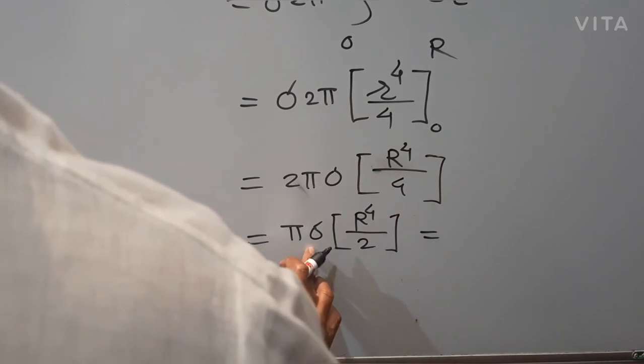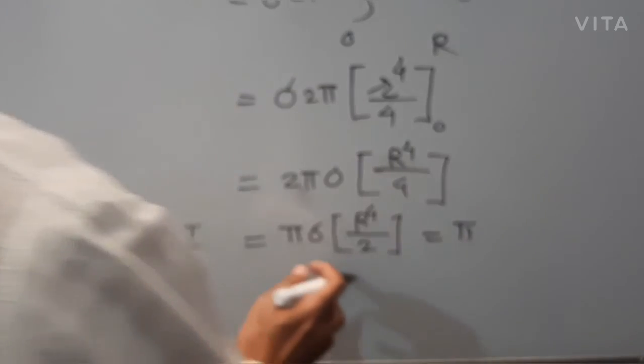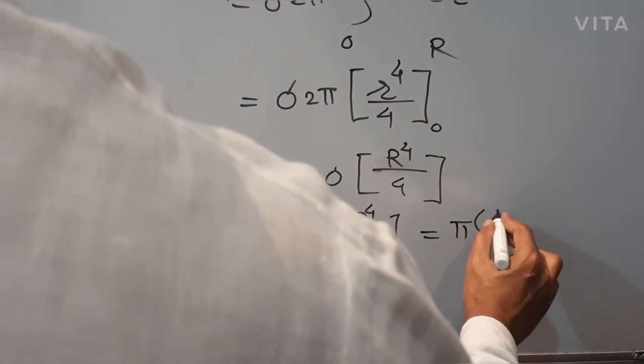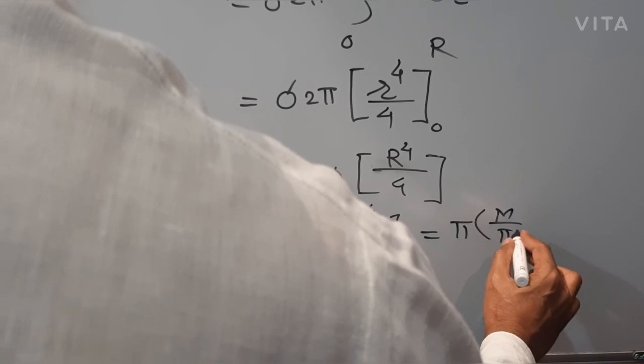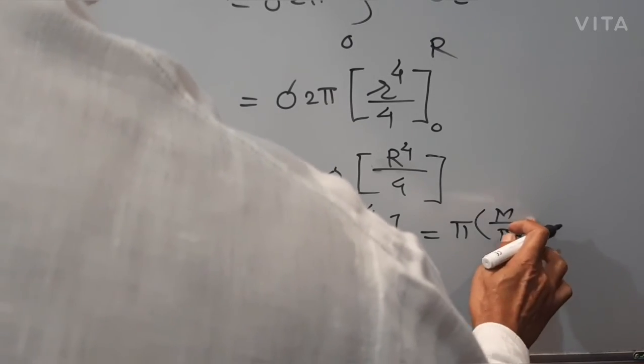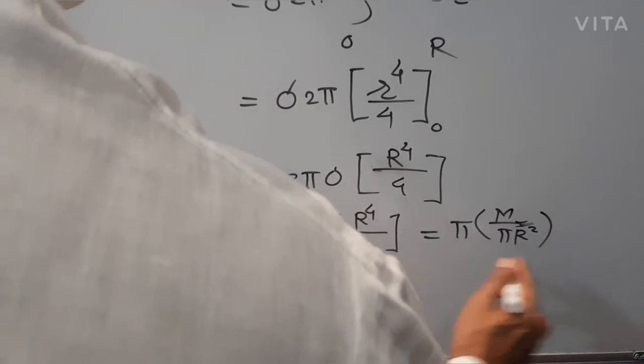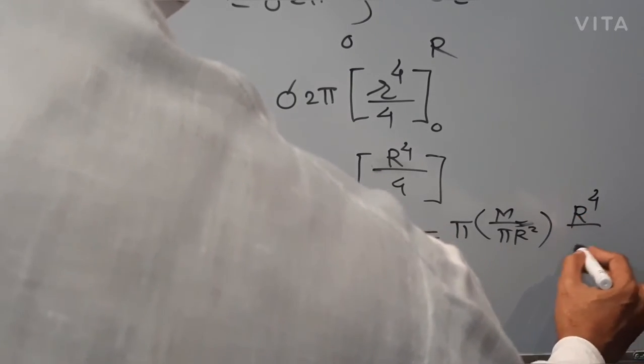But we know that sigma is equal to M upon pi R square. Substitute the value of sigma, into R raised to 4 divided by 2.